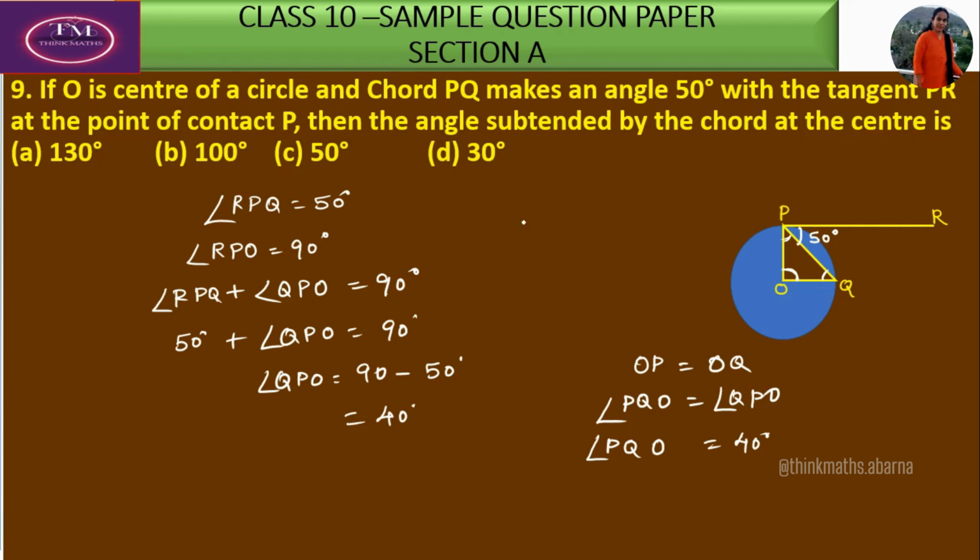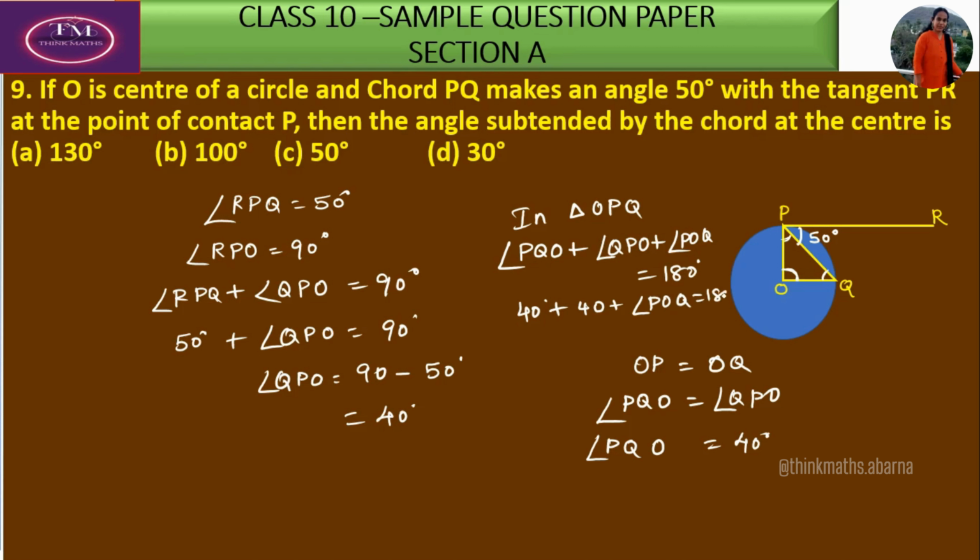So we have in triangle OPQ, angle PQO plus angle QPO plus angle POQ. So angle sum property we have 180 degree. So angle PQO is 40, angle QPO is 40 and we have to find out angle POQ.